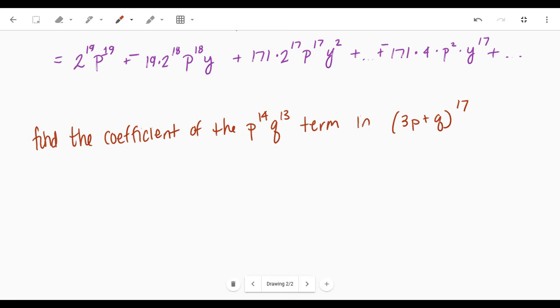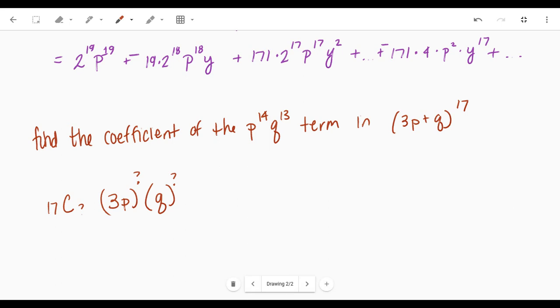So again, if I go back up to my whole binomial formula here, I'm going to have 3p to some power, q to some power, and then that 17 choose something.